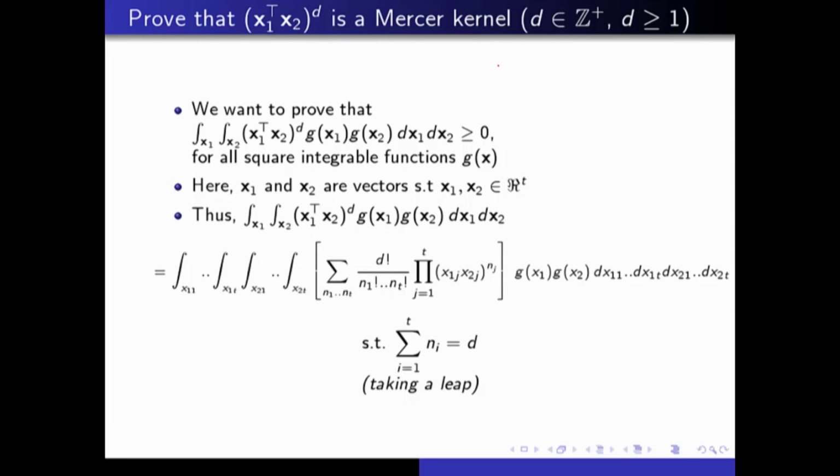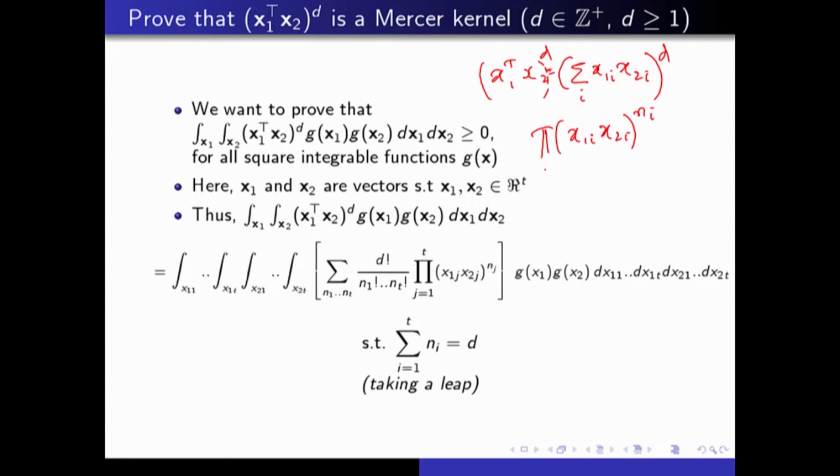Expanding and realizing that x1 transpose x2 is nothing but a sum over x1i, x2i, the sum of the products of the individual components, if one does the expansion, we'll realize that this raised to d would involve coefficients for terms that involve x1i and x2i raised to some ni.